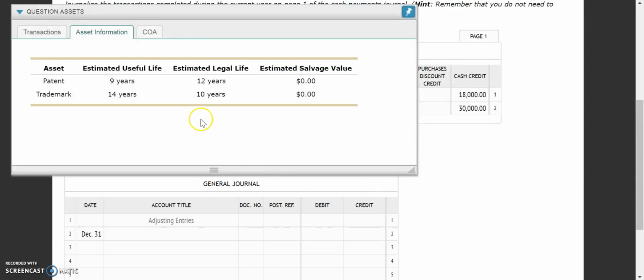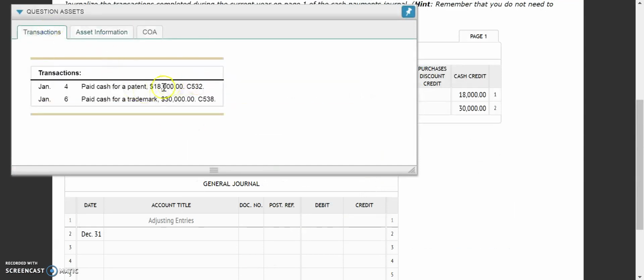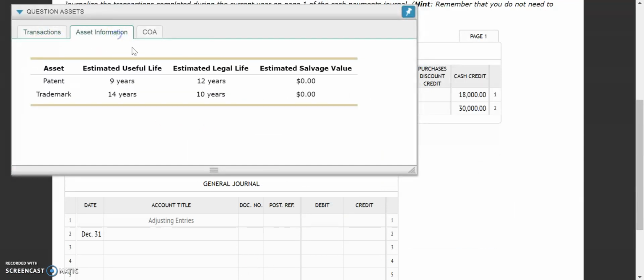So when we are back here, we have our patent has 18,000, and our estimated useful life is less than our estimated legal life, so that's 9. So 18 divided by 9 is $2,000. So we're going to come down here and we put our amortization expense.